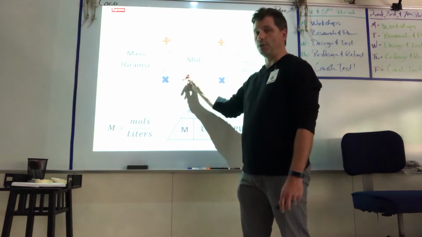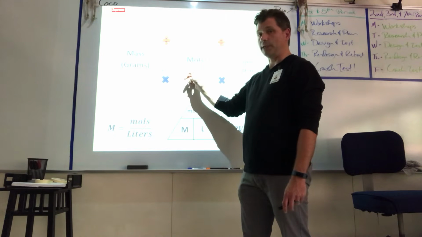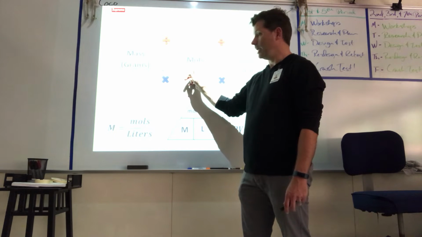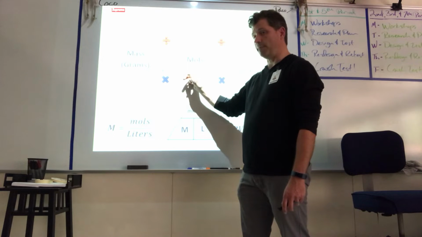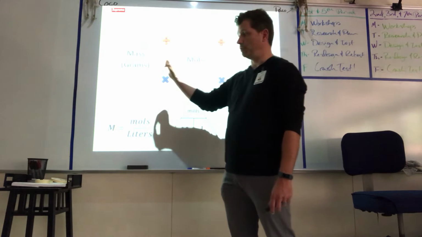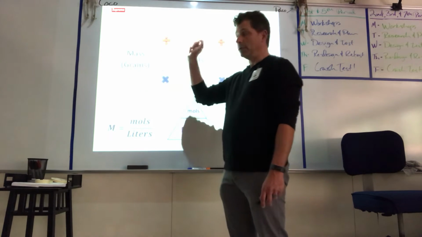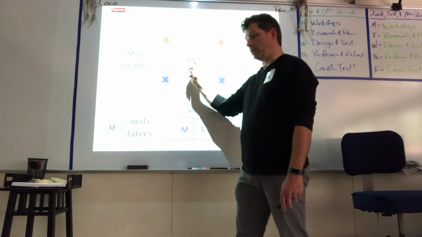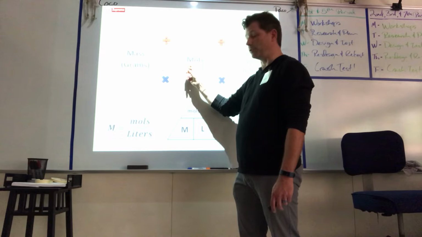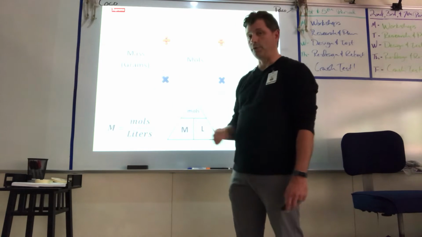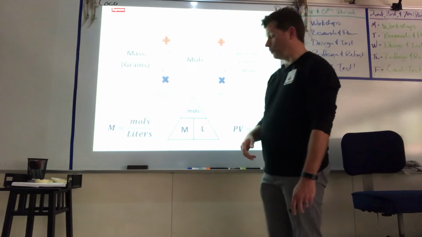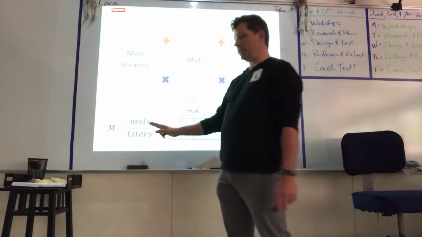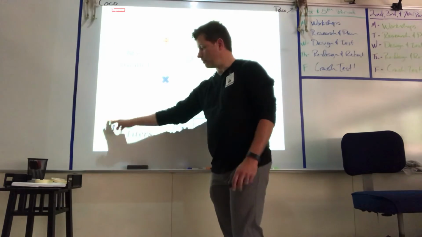So if you know the moles of carbon dioxide, and you know that however many moles of carbon dioxide is equal to moles of acetic acid or vinegar, or moles of baking soda, you can figure out how many grams you need. For the acetic acid, you're going to need to use this.